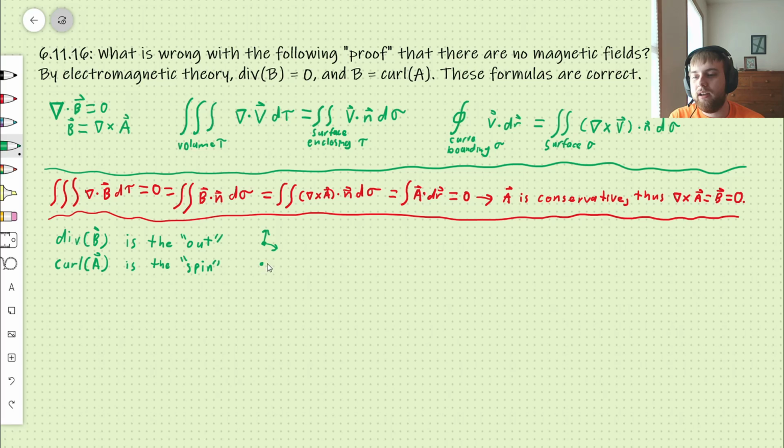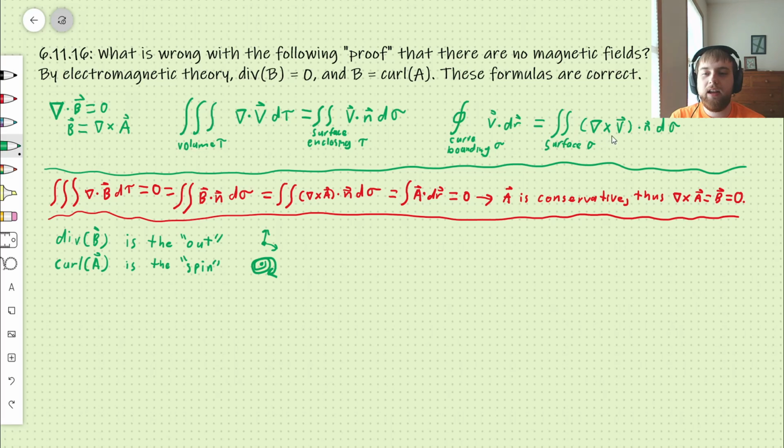So you have a point here. The curl is the amount of spin in that small area. So if the curl of a vector field is zero, then that means there is no spinning in it.